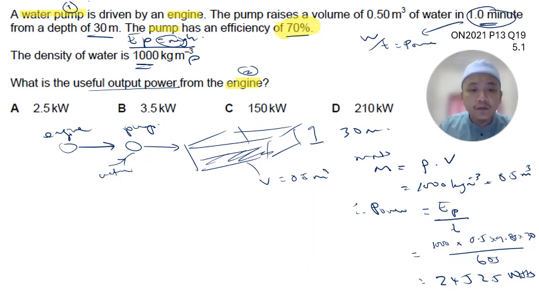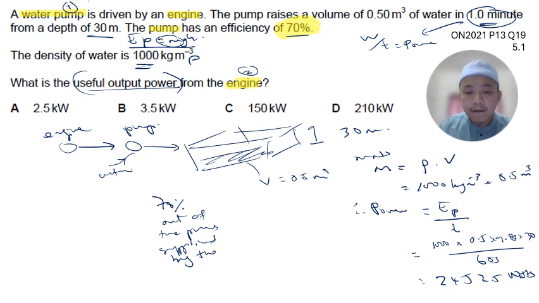Now let's look at what we are trying to answer. It says here, what is the useful output power from the engine? Now this useful output power from the engine is used to initiate the water pump. However, the water pump has an efficiency of 70%. So it is as if 70% out of the power supplied by the engine is being used up to raise the water.